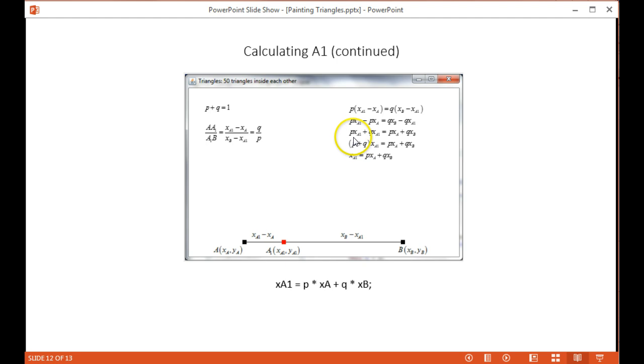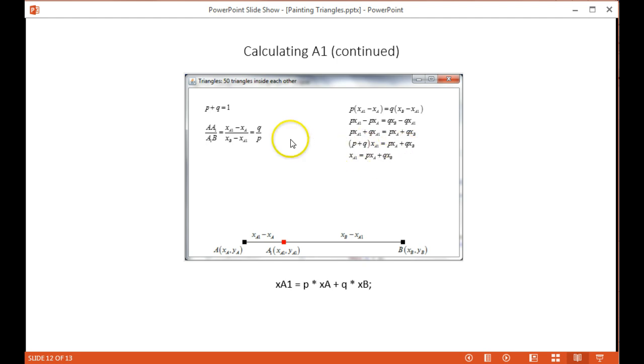So we get p x sub a1 plus q x sub a1 equals p x sub a plus q x sub b, right? Then we collect terms over here. We get p plus q times x sub a1 equals p x sub a plus q x sub b.